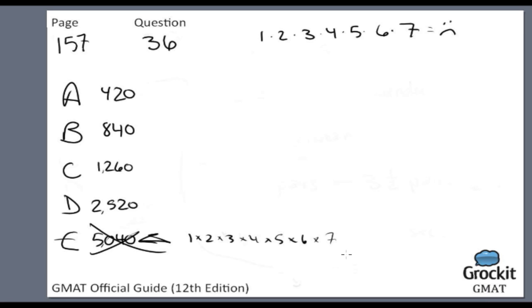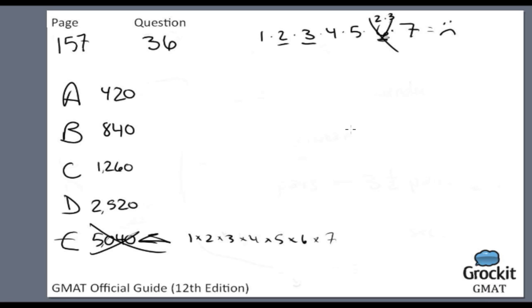Why is that? That is because in our numbers 1 through 7, there are some repeats and some combinations. The biggest and most obvious one probably is that the number 6 is actually the same as 2 times 3. Any number that has 2 and 3 as factors will automatically have 6 as a factor.